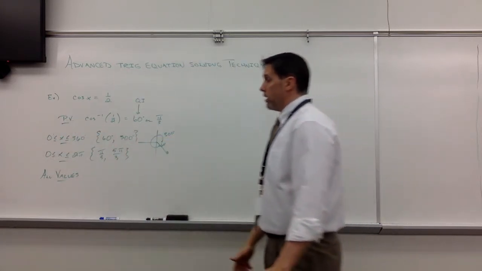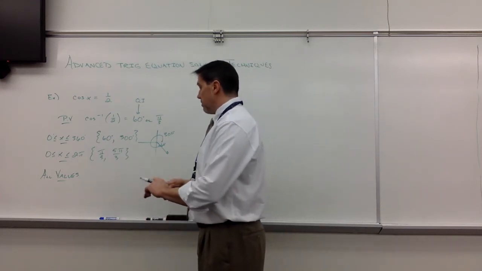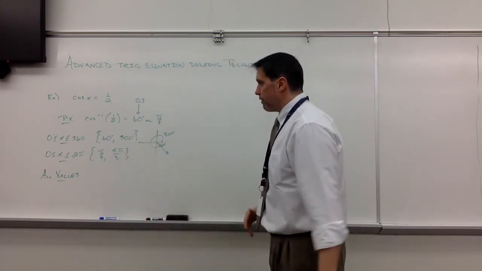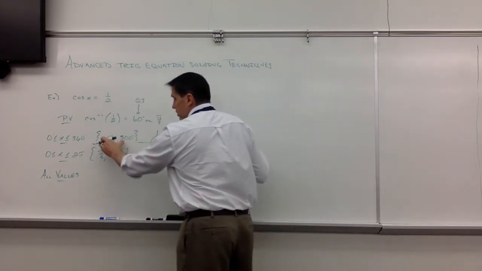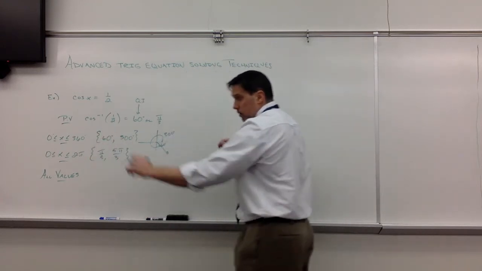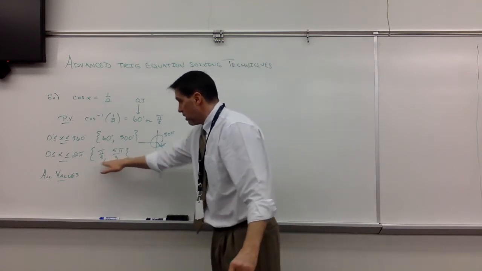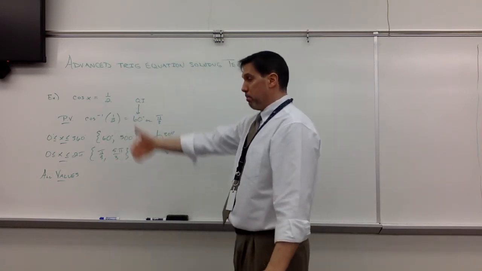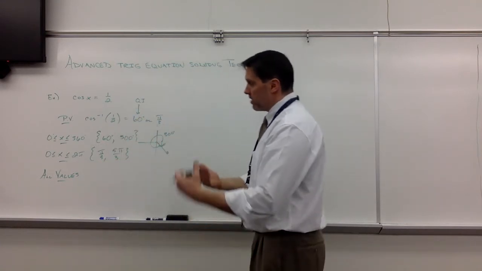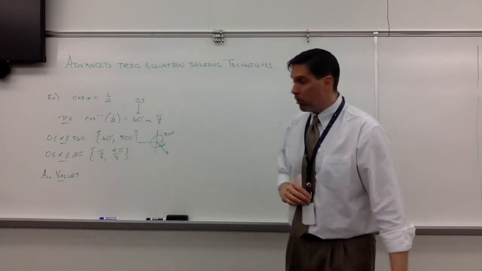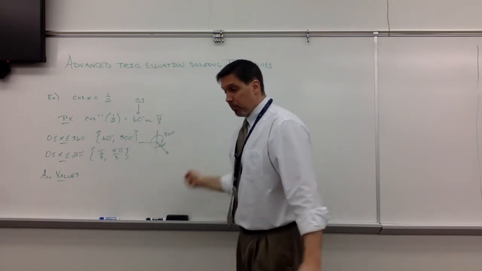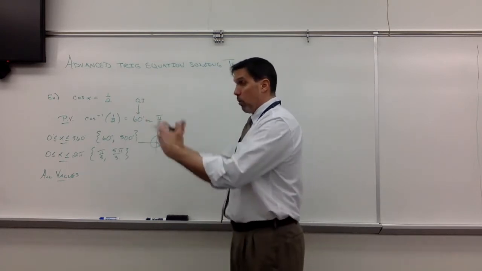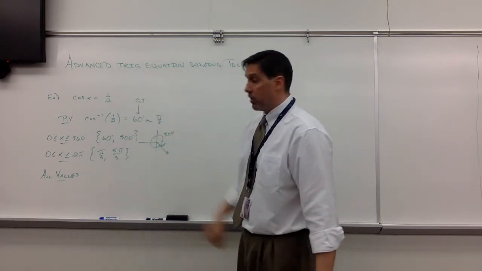But there is a way we can list the answers, and it's not super difficult. Most of the time you just take your answers between 0 and 360, or if you are dealing with radians, and simply add a multiple of 2 pi. The idea is, if you remember coterminal angles, we talked about those a long time ago, you add multiples of 2 pi to that, or multiples of 360 if you're talking degrees.